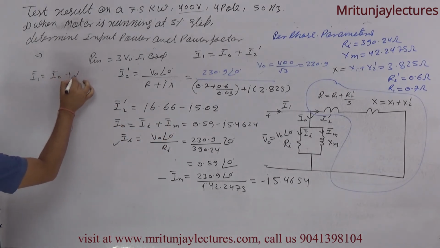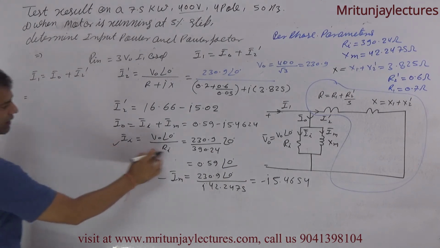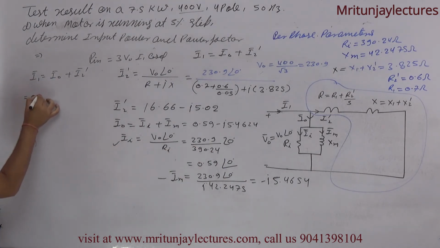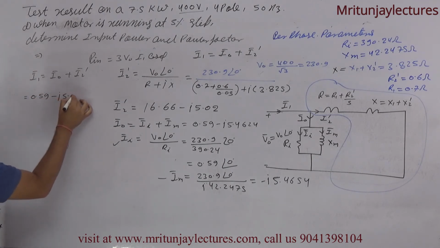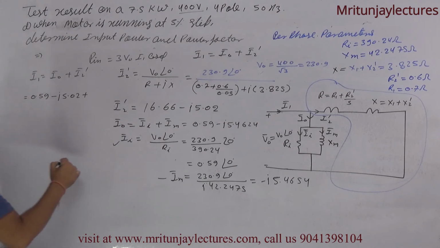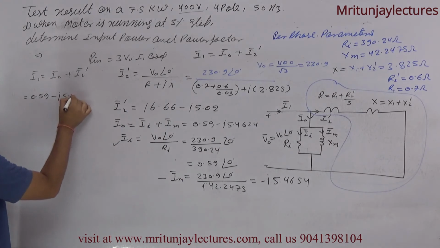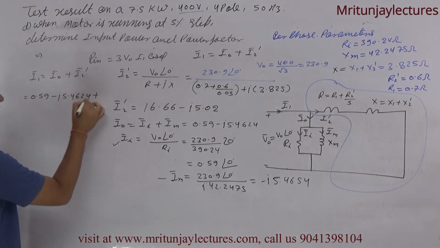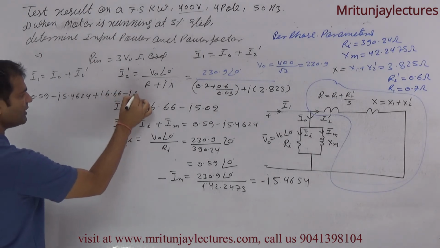Okay, so finally I1 is equal to I naught plus I2 dash. I naught is 0.59 minus j 5.4624 plus I2 dash 16.66 minus j 5.0.